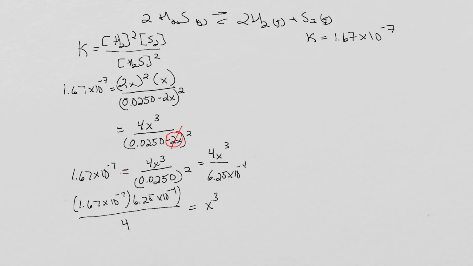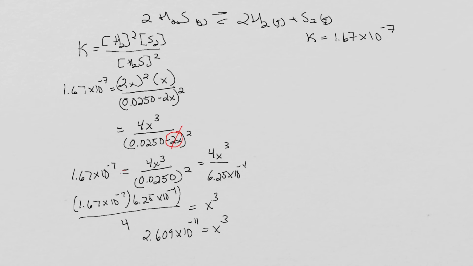I divided both sides by 4, bring that over to the left side. So we're isolating x here on the right side. Now we can get a value for the left side of the equation. So we simplify this, we're going to get 2.609 times 10 to the minus 11 equals x cubed.